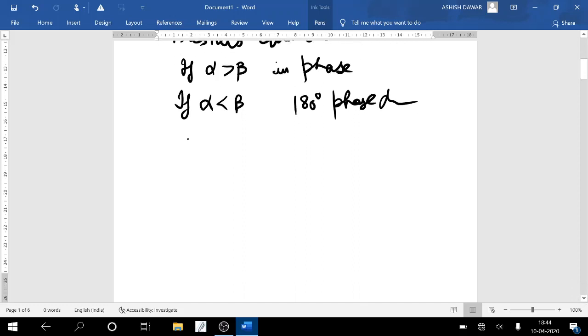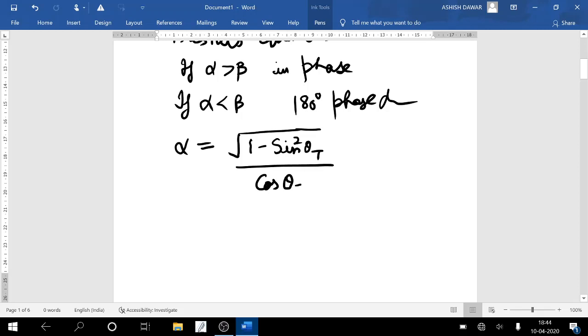So here alpha is equal to square root of 1 minus sine square theta t upon cos theta i. Because alpha is equal to cos theta t upon cos theta i, by using the identity cos square theta plus sine square theta equals 1, we can write cos theta t in terms of 1 minus sine square theta t.